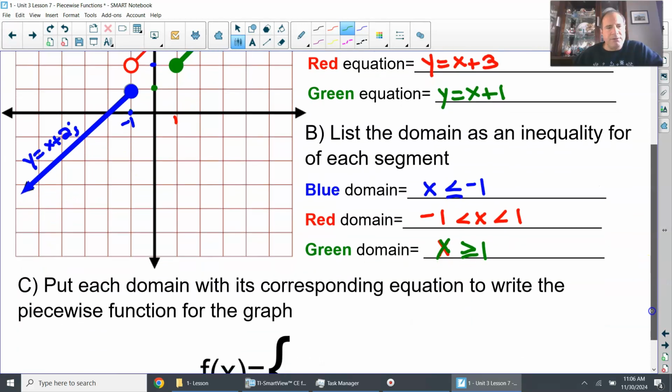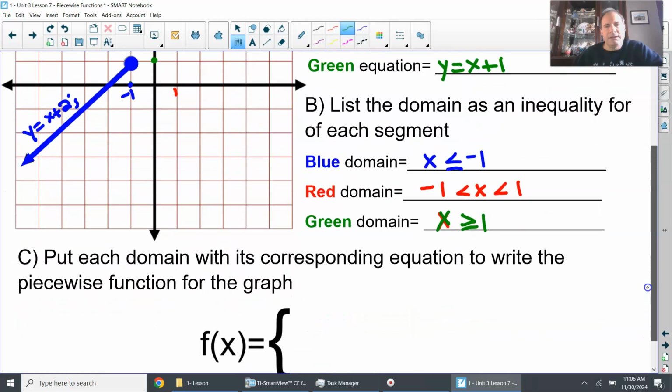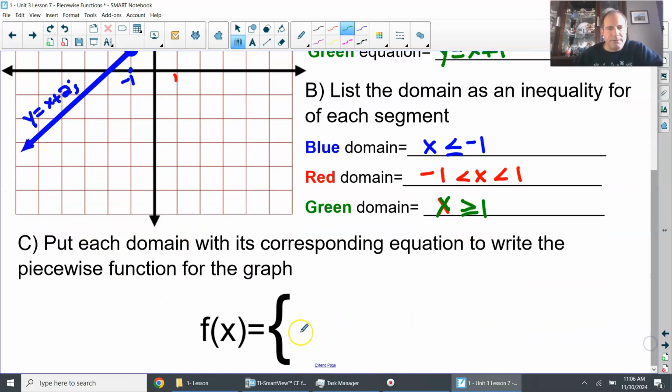Right? So if you put this all together, you have f of x equals x plus 2. So let's go to blue right there, x plus 2. And then semicolon, and it is x is less than or equal to -1.